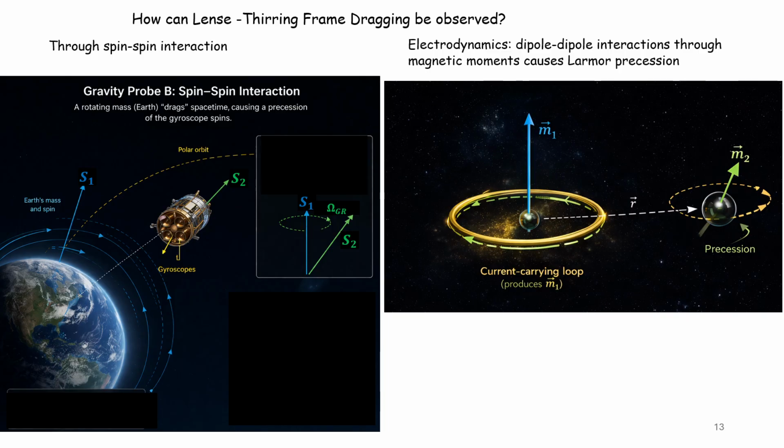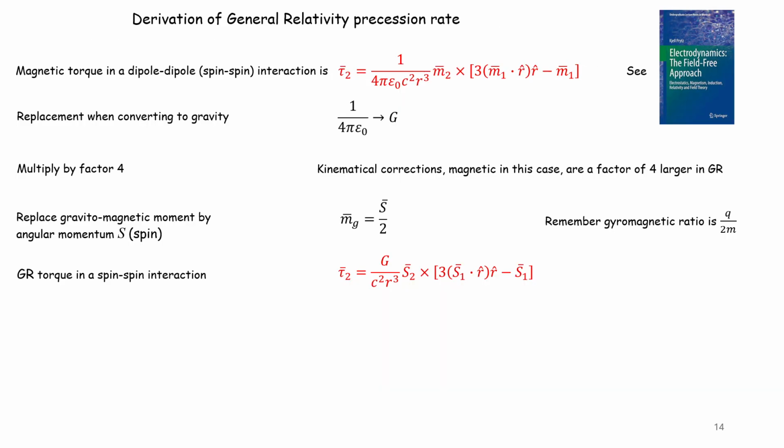So then we start with electrodynamics, and this is a classical formula for the interaction between two magnetic moments, M1 and M2, and that this is the torque on object number 2.